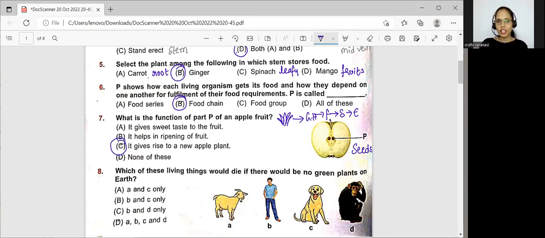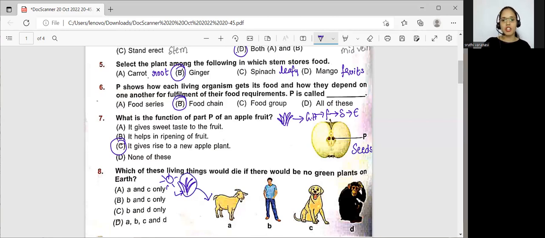Now let's go with the eighth question, students. Which of these living things would die if there would be no green plants on the earth? Now on the earth, everything starts with the plants itself. Plants produce food by fixing the solar energy, right? If plants are not there, plant eating herbivores won't be there.